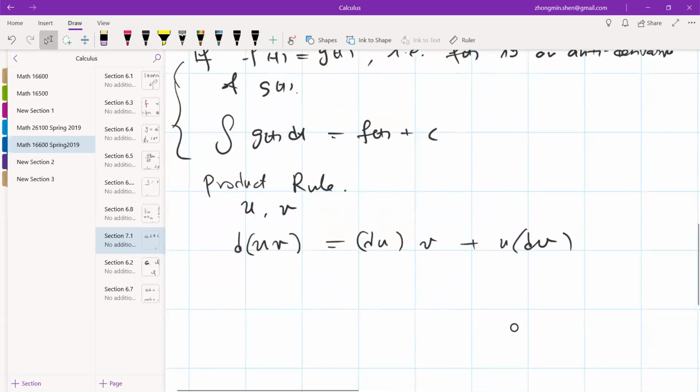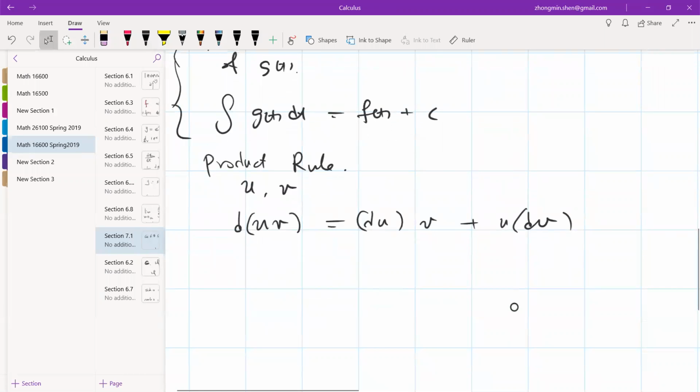You can think about uv as just a combined name. Use the two letters to denote the product, and the product rule says that d of uv must satisfy certain rules. So this is going to be that. I can also switch the order, v du, it doesn't matter, that's a product. I can simply write this.